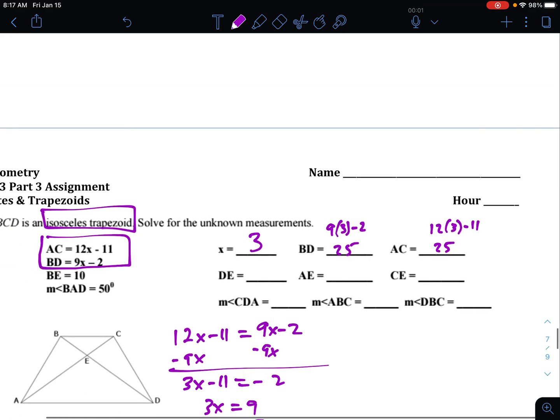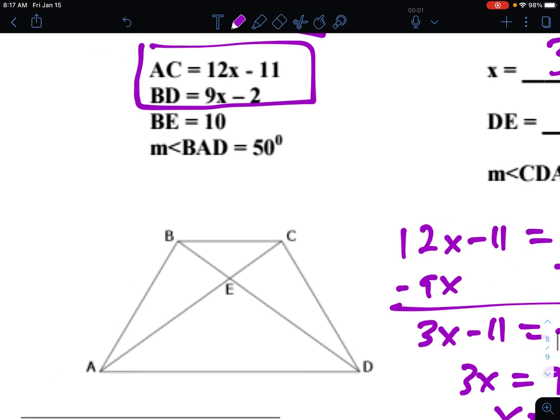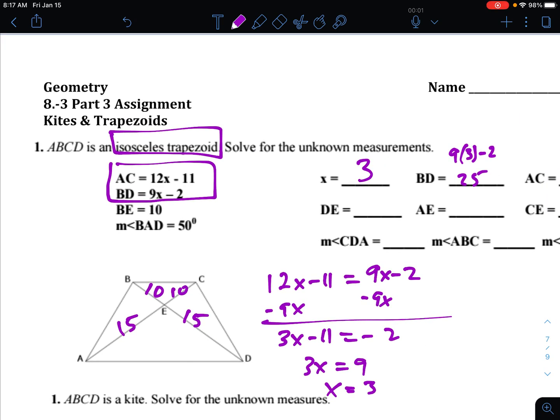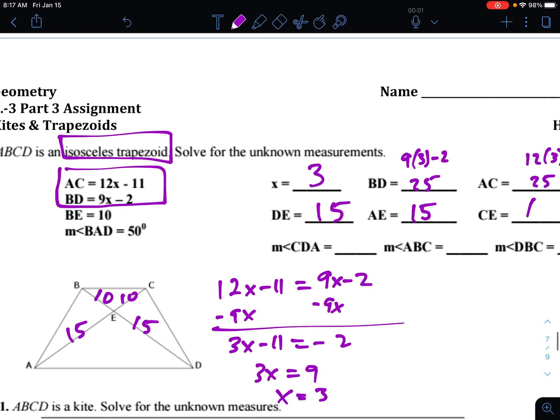So that's the diagonals. Now they give us BE is 10. Well, if B to D was 25, then E to D is 15. This is 10, and this is 15, because the diagonals are going to be congruent. So D to E is 15, A to E is 15, and C to E is 10.